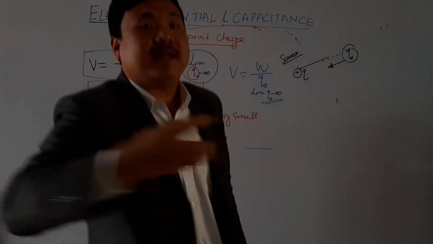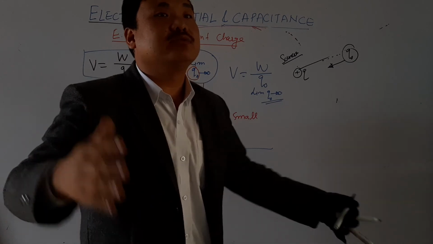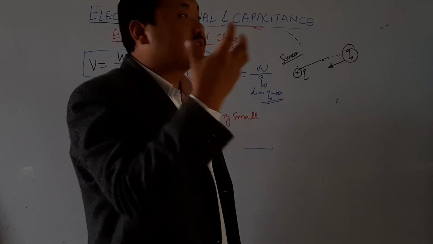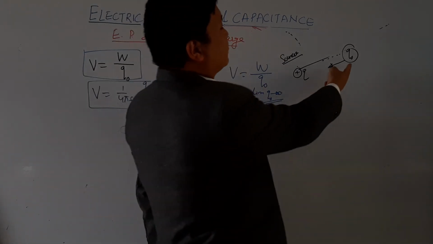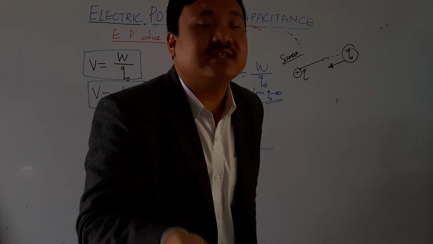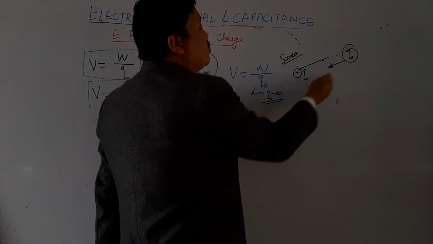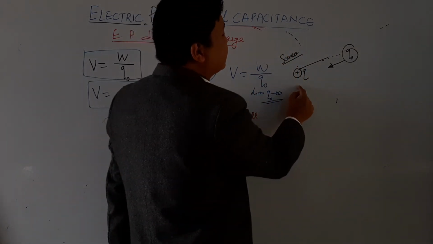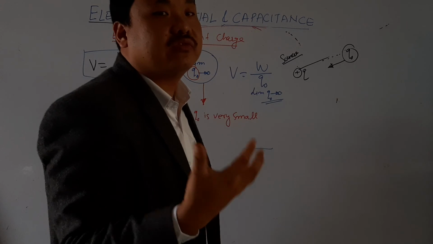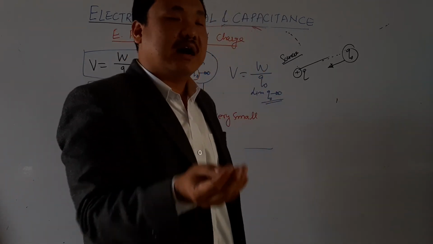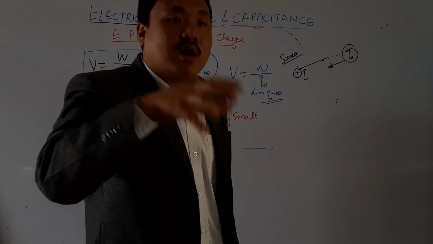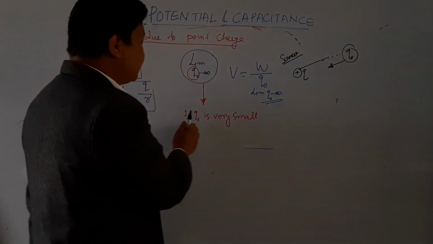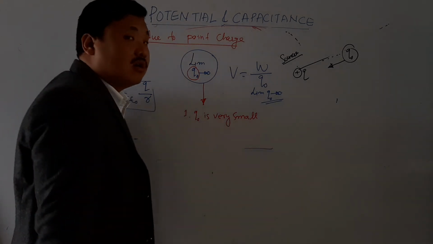If it displaces, then my calculation will become wrong. Understood? So to calculate electric potential, this test charge should be very small, so that it does not displace the source charge, because there is interaction between this charge and this charge. Coulombic force is always and always there, but it has to be very small. So number one, Q0 is very small.